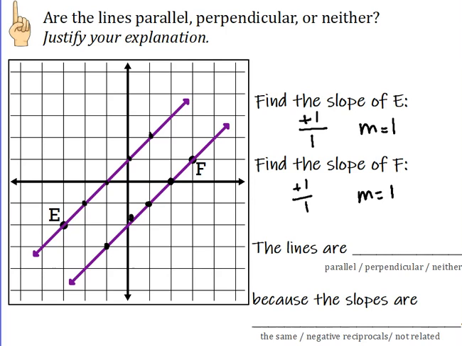It also has a slope of 1. So I can fill in this sentence. The lines are parallel lines because the slopes are the same. Two lines with the same slope are going to be parallel lines.